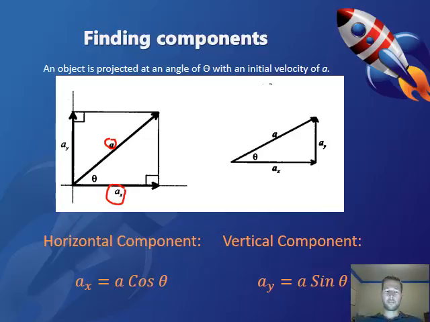The formula is A_x equals A, the magnitude of our original vector, times cos theta, where theta is the angle between the horizontal and the vector. We can also find the vertical component, denoted by A_y, but we can also write it with a subscript V. This is given by A_y equals A sine theta.